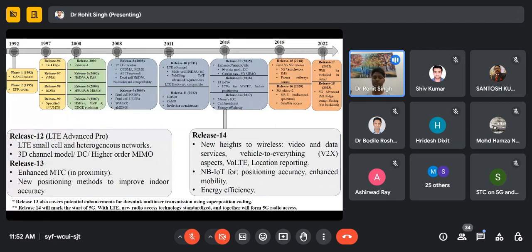And again, the definition of 5G is very different from the third generation and fourth generation communication systems. The 5G is different from different perspectives as compared to the previous generation. First, the number of devices will drastically increase.